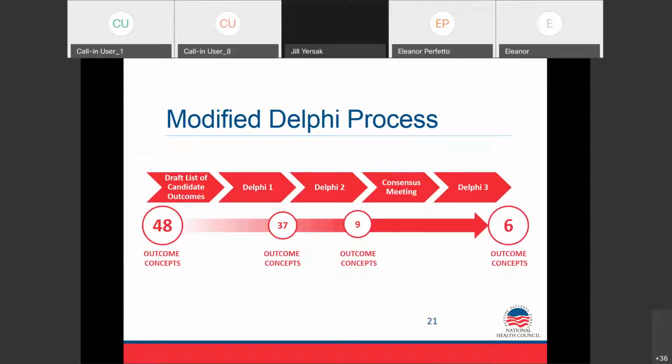That way we can be sure that it gets passed through into that consensus meeting for discussion, and patients have an opportunity in that consensus meeting to explain why this is important to them.